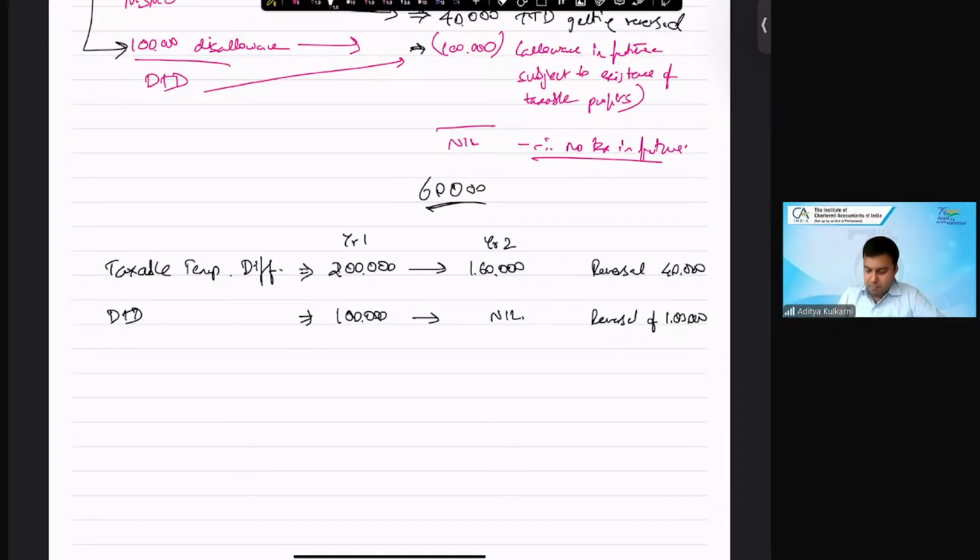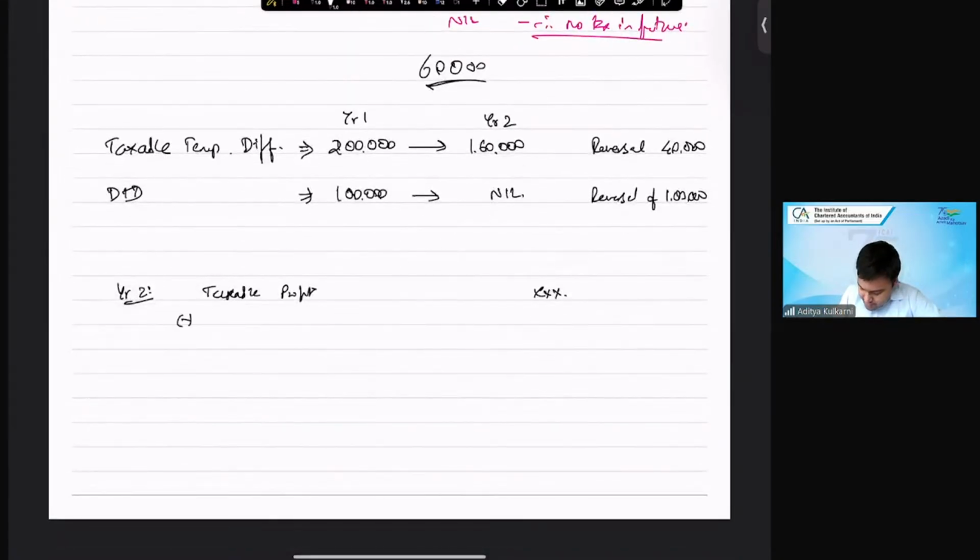So when I pay this 1 lakh in year 2, taxable profit will be some figure less. MSME paid, allowed on payment. You do it like this only, right? Yes or no? Yes, sir.